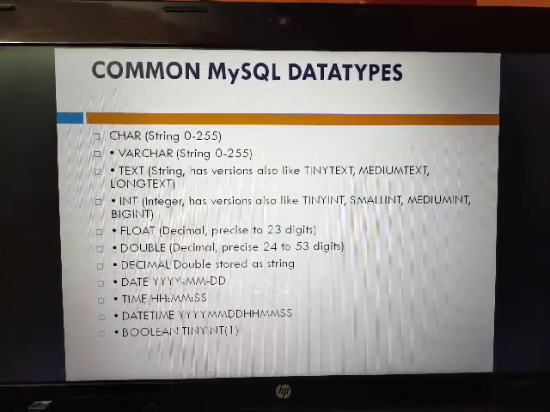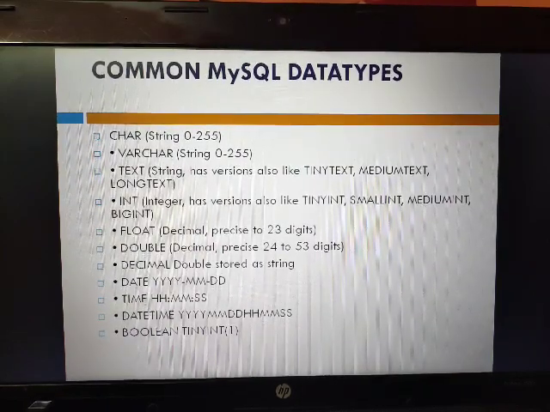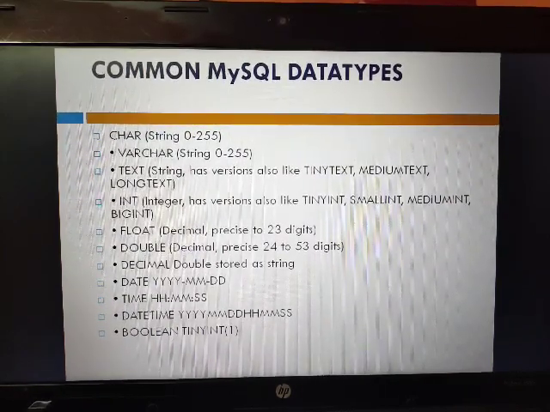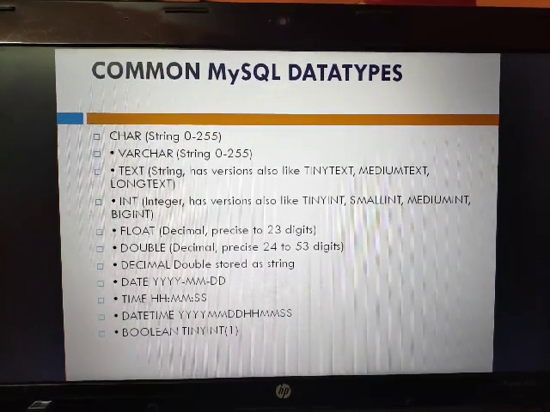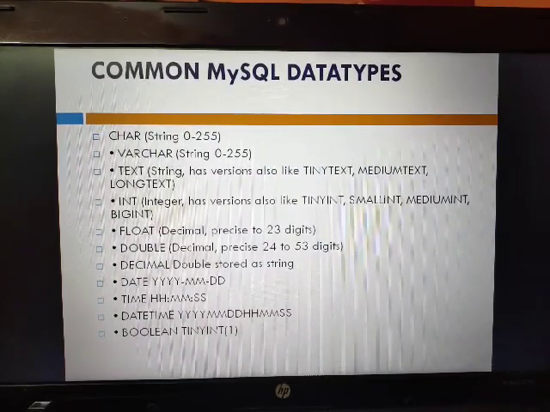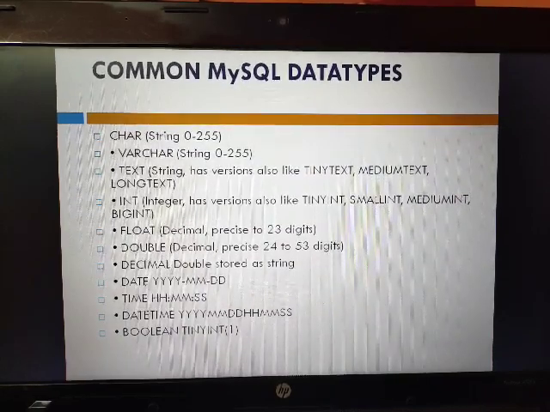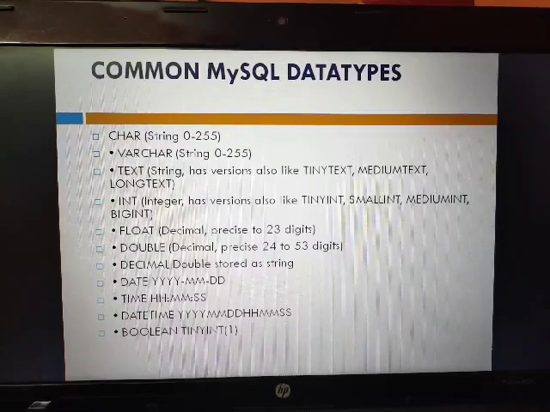So they are the basic data types. When we use the create command, definitely they will be used. So in SQL you have different types of data types: character, varchar, text, integer, float, double, decimal, datetime and boolean.